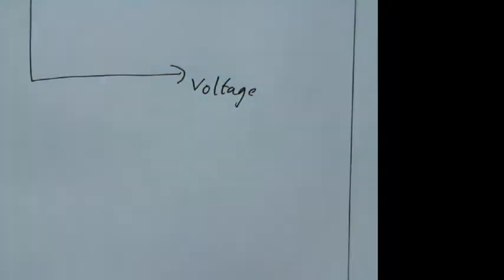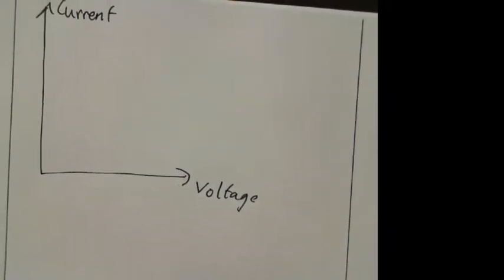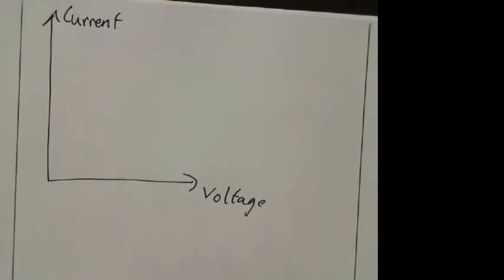What you want to investigate is how does current change with voltage. So we're looking at a graph that looks like this. Current here, voltage on the bottom. What I'm really interested in is how does current change with voltage.